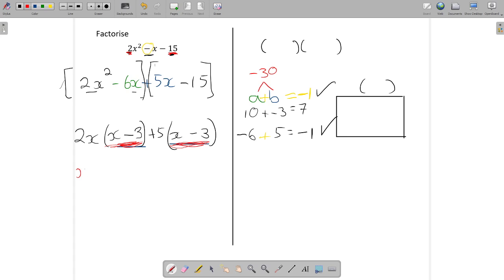So I'll take out x minus 3. We are left with 2x plus 5. Okay. So can you see that we've gotten it down to one term now, and this trinomial is officially fully factorized.